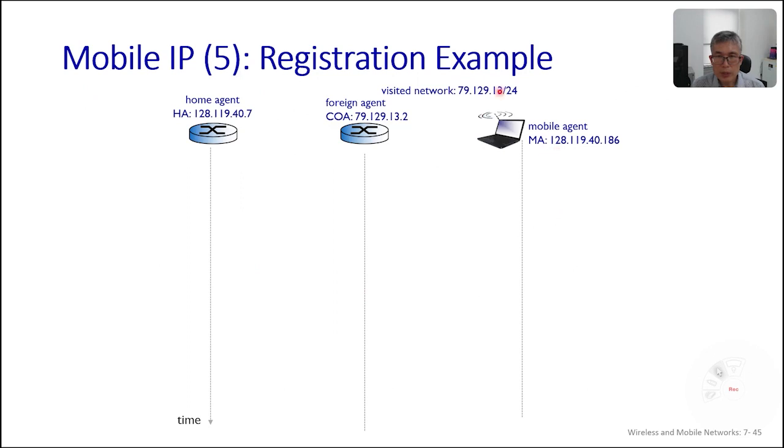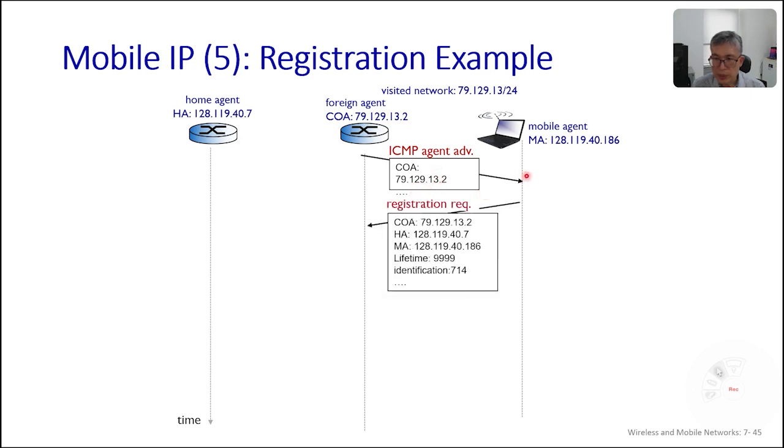This is an example of registration. The mobile node is located in some foreign or visited network, and the foreign agent advertises with an ICMP agent advertisement message including the care-of address. The mobile node sends a registration request message including its permanent IP address and its home agent IP address.